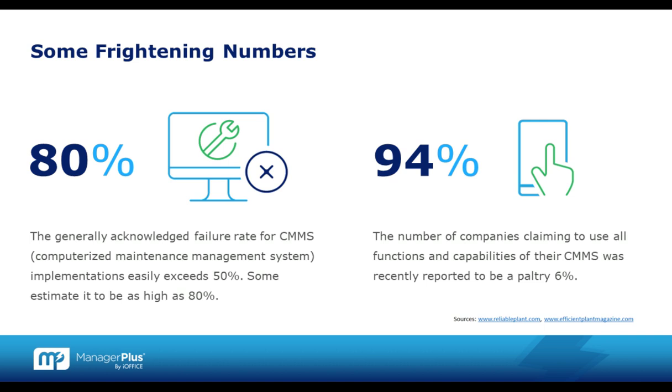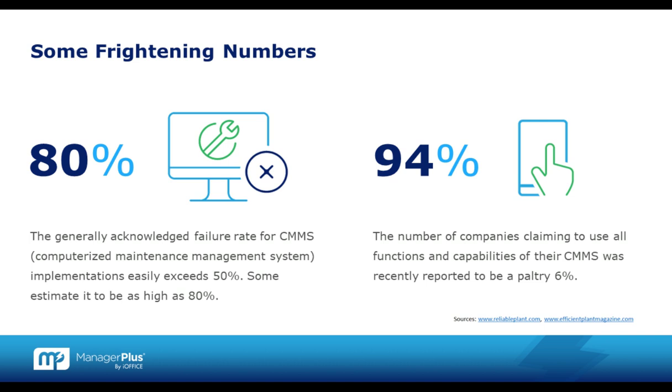So on this slide, we're just looking at what I call some scary numbers. This is taken from two studies done by Reliable Plant, and the one on the left, the 80%, is about implementations and their success rates. Historically, this refers to CMMS implementations, but some of it is transferable to EAM.